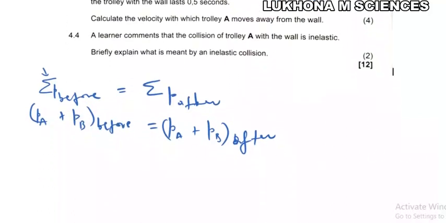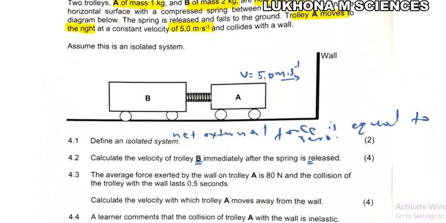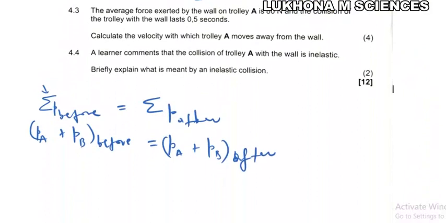They said the trolleys were held, and we said the initial velocity is 0, the velocity before the spring is released. So the momentum is calculated by mv, meaning that if the velocity is 0, the momentum is 0.